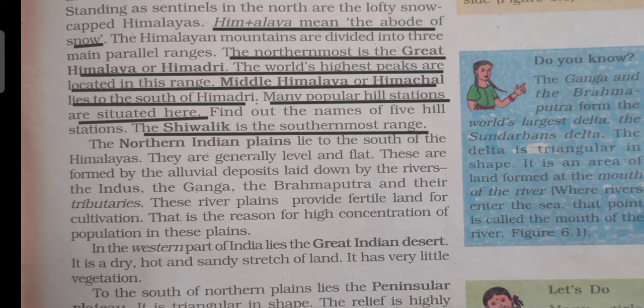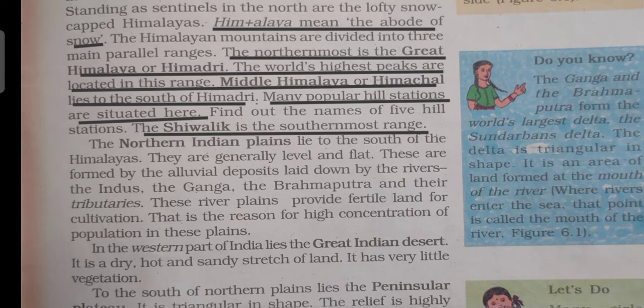Now, these plains are mostly level and flat and, like I said, formed by the alluvial deposits brought by the rivers Indus, Ganga and Brahmaputra and their tributaries also. Now children, these plains are highly fertile and they are excellent for farming or agriculture and that is the reason why a lot of people prefer to live in plains.